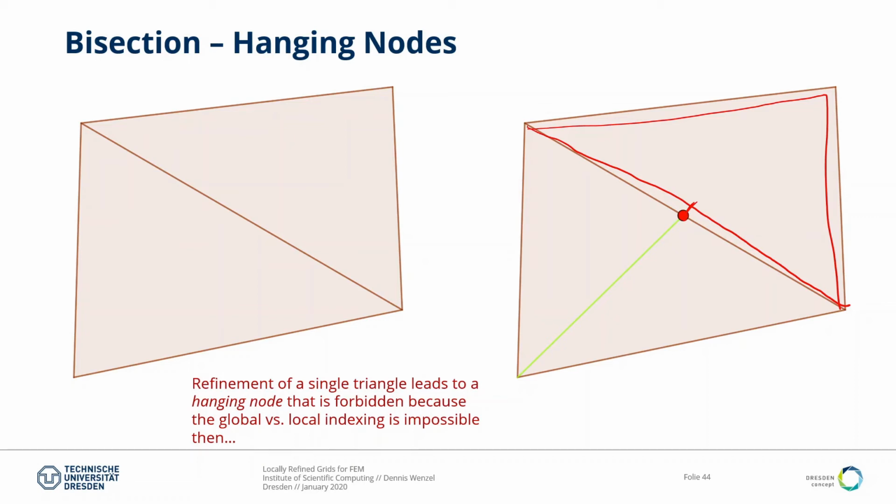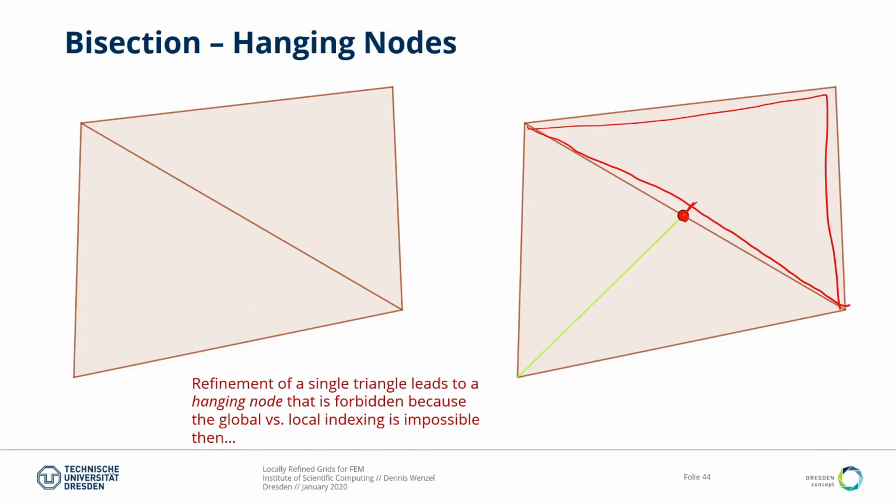And that simply cannot happen. That is not allowed in our discretizations because we need to always be able to identify global and local indices. So remember when we talked about this DOF map, we always said that for every global degree of freedom, we need to be able on every cell of the grid to identify the vertex that it corresponds with.